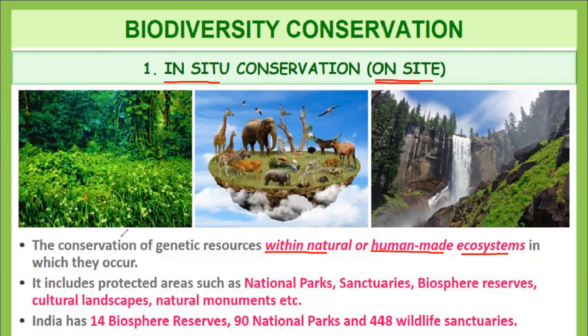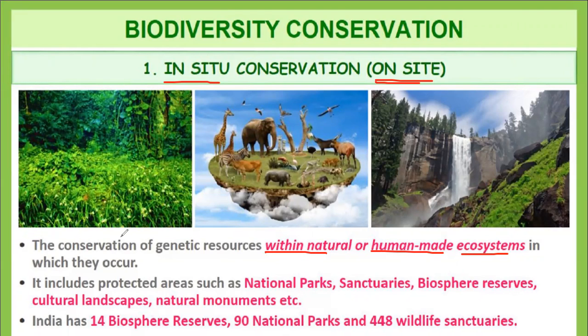That is when you go for the tiger or snake and something, they would be kept in the natural habitat, but the thing is that they are kept inside the human made ecosystem, so that it comes under the ex-situ conservation.